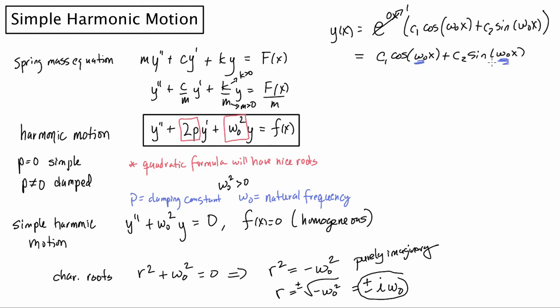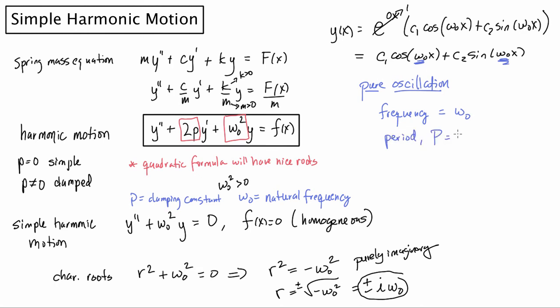And so what's important is that the resulting solution in the case of simple harmonic motion is a pure oscillation that has frequency omega naught, and it has period p.